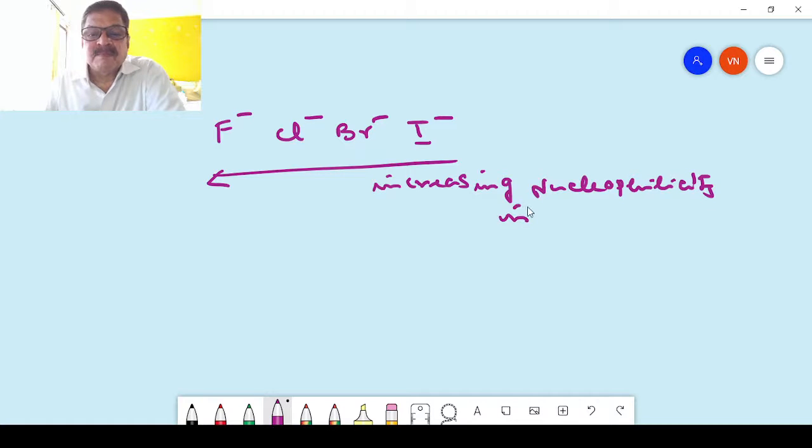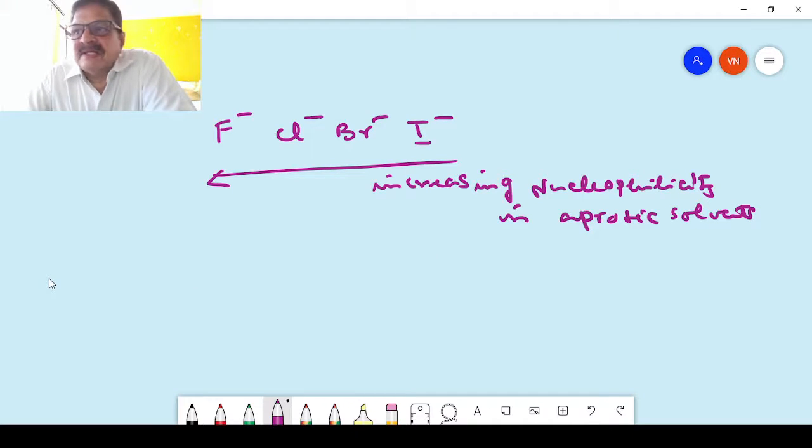This is the trend actually. Nucleophilicity and basicity in polar aprotic solvents, there is no difference.